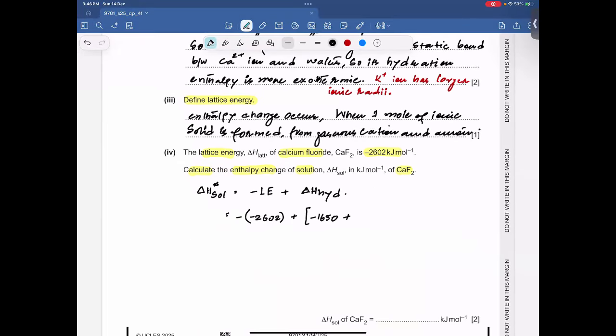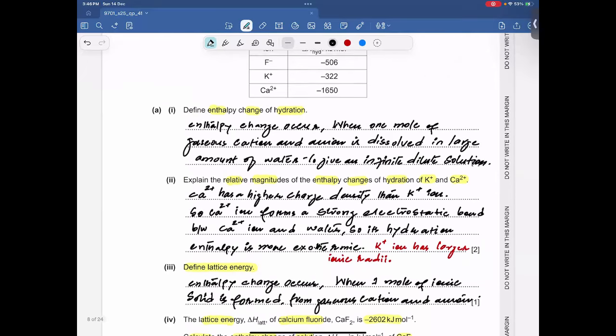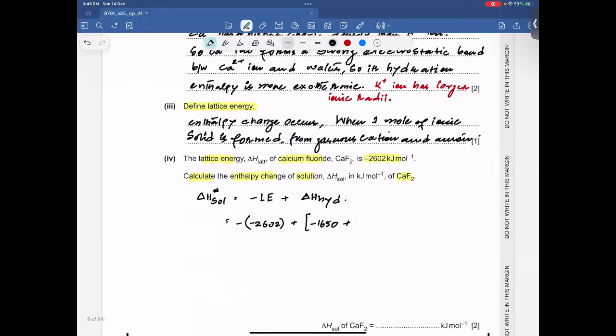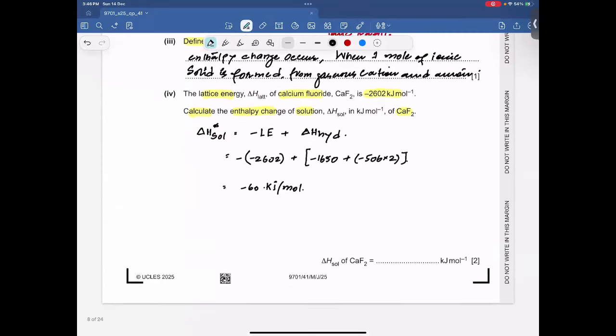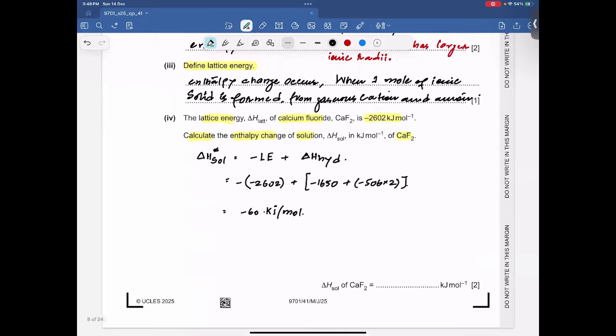And hydration of fluoride ion is given, which is minus 506. We need to multiply this value by 2 because the formula contains 2 fluoride ions. So the value of standard enthalpy change of solution from here is minus 60 kilojoules per mole. So that's the answer, minus 60 kilojoules per mole.